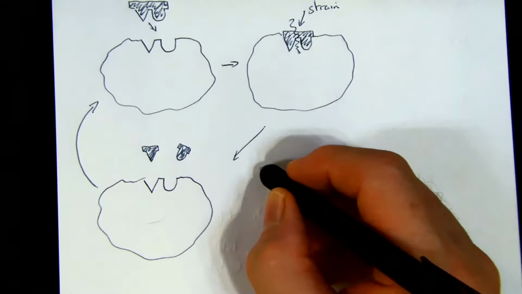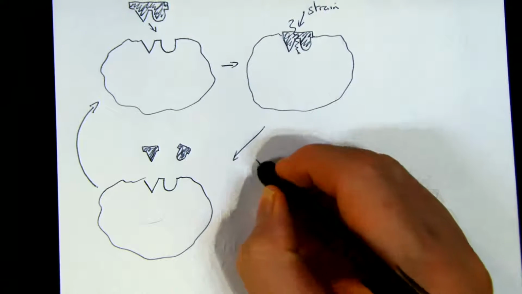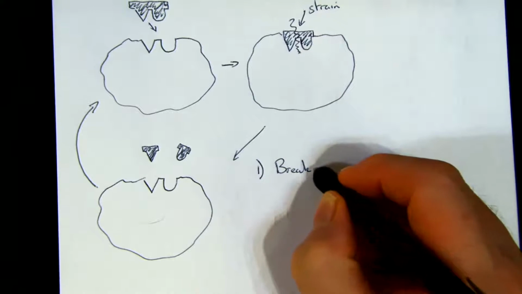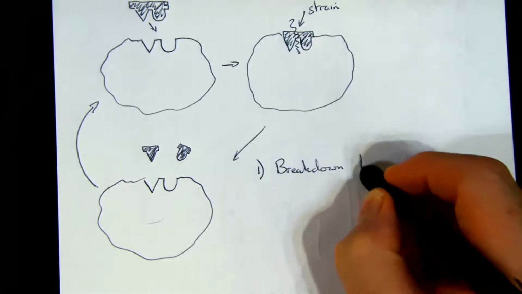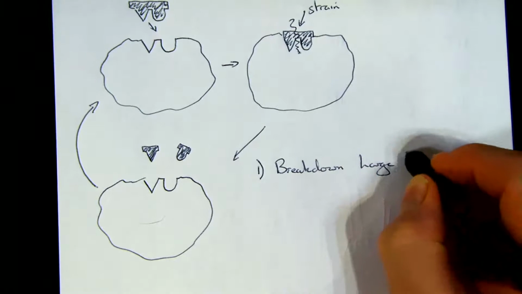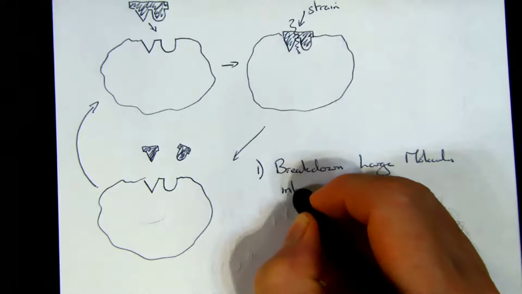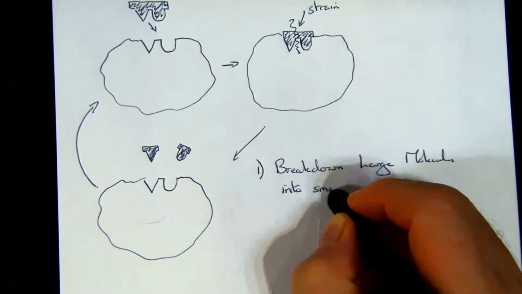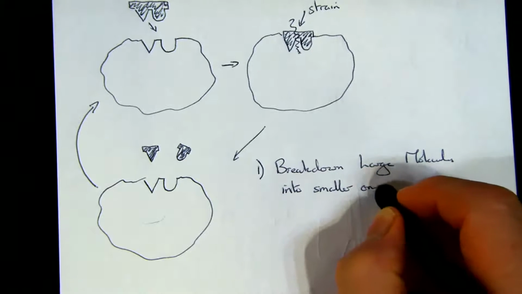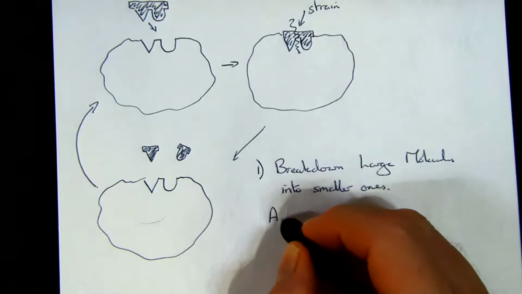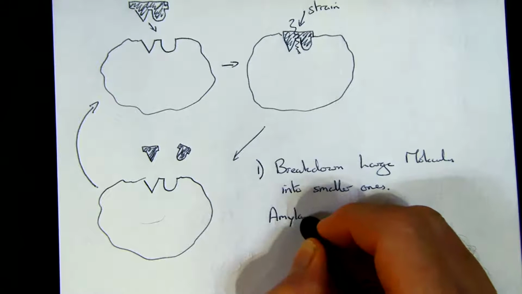Enzymes do one of three jobs. One, they break down large molecules into smaller ones. An example of this is the one we've just had a look at. This is amylase.